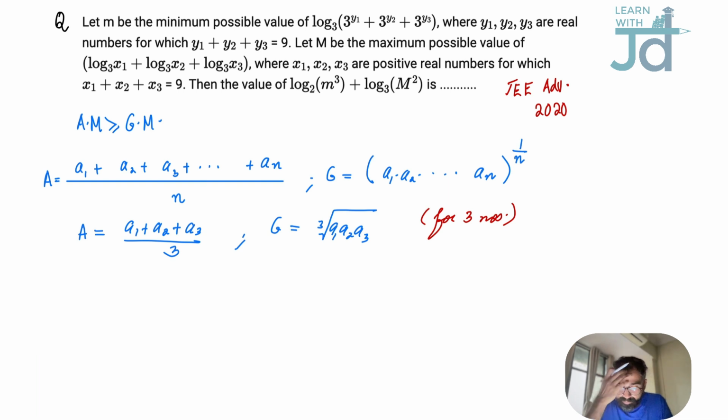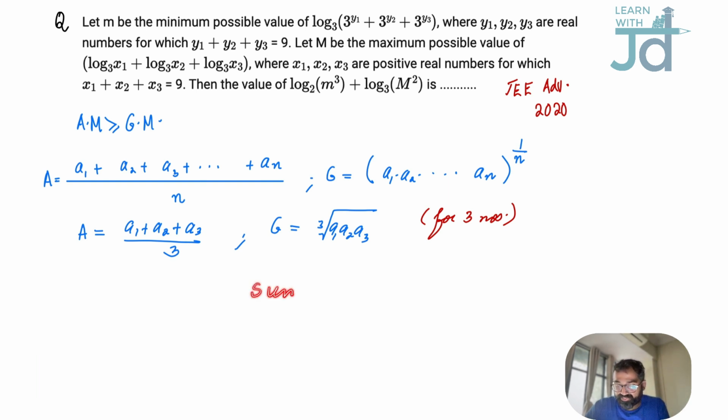Now look at this problem. Let m be the minimum possible value of this, where y1, y2, y3 are real numbers for which y1 plus y2 plus y3 is m. See how to identify that we have to use this AM greater than or equal to GM. When should we understand that we should use AM greater than GM type problems?